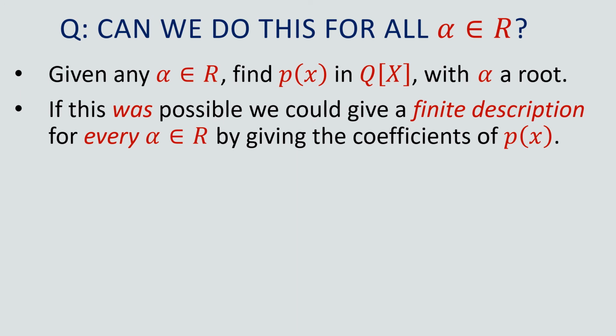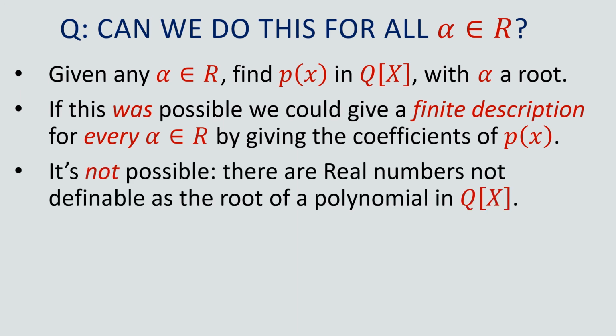So in some ways, that would address the issue that I raised of computer systems only being able to work with approximations to real numbers. In principle, if we could carry out this process for any real number, we could work with arbitrary precision real arithmetic, in terms of manipulating polynomials with rational coefficients.